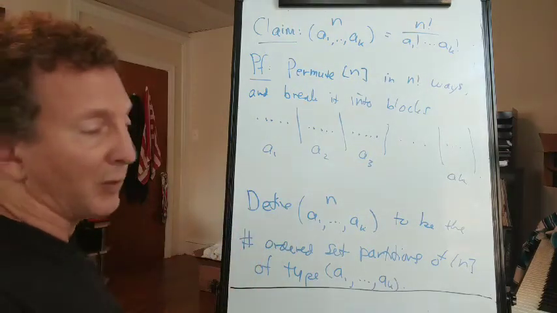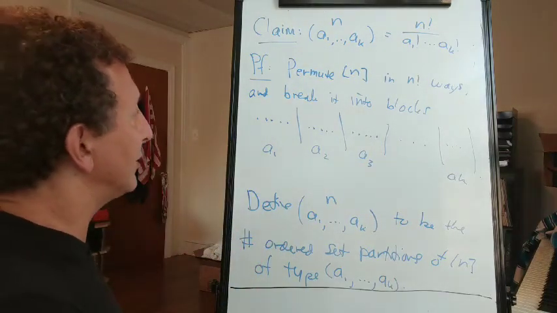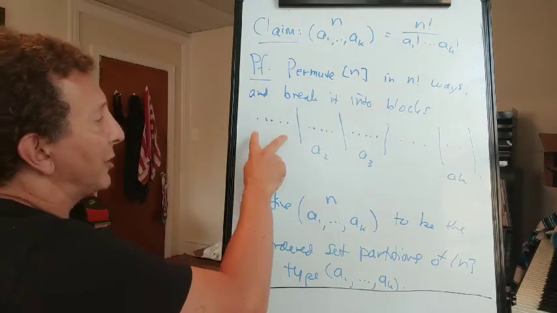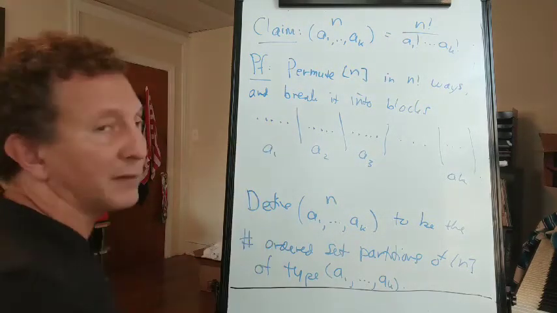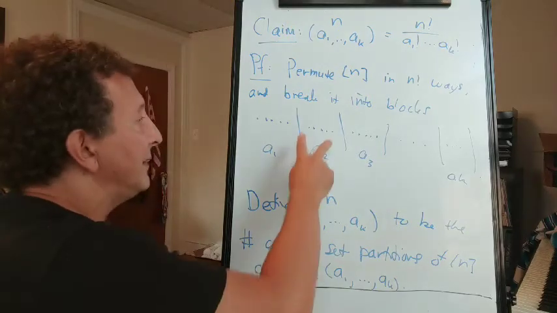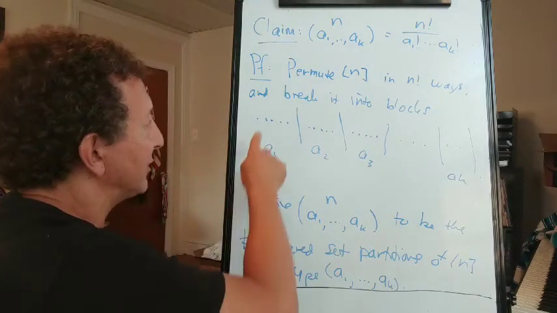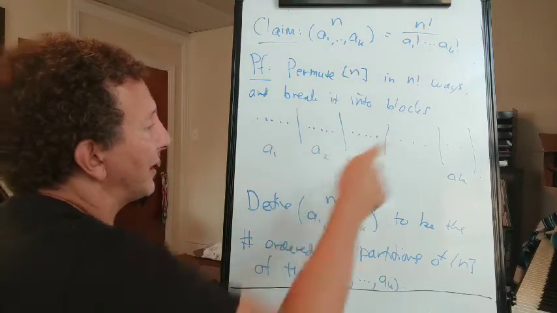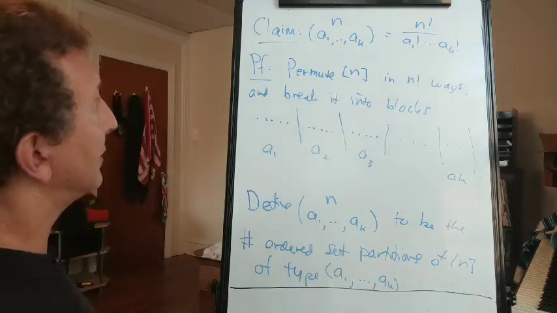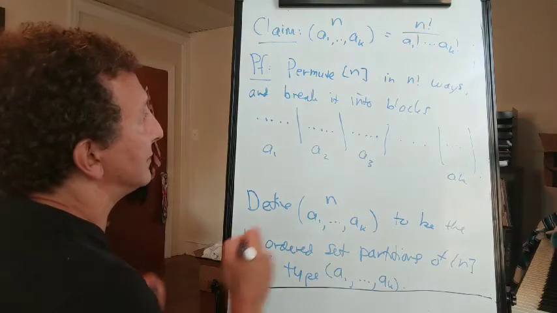Except we have to realize that we're overcounting. There aren't n factorial ways to do this because the a1 factorial ways in which we could have permuted these elements don't make a difference. The a2 factorial ways that we permuted these elements don't make a difference, etc. So we have to divide by the factorials of all the block sizes.